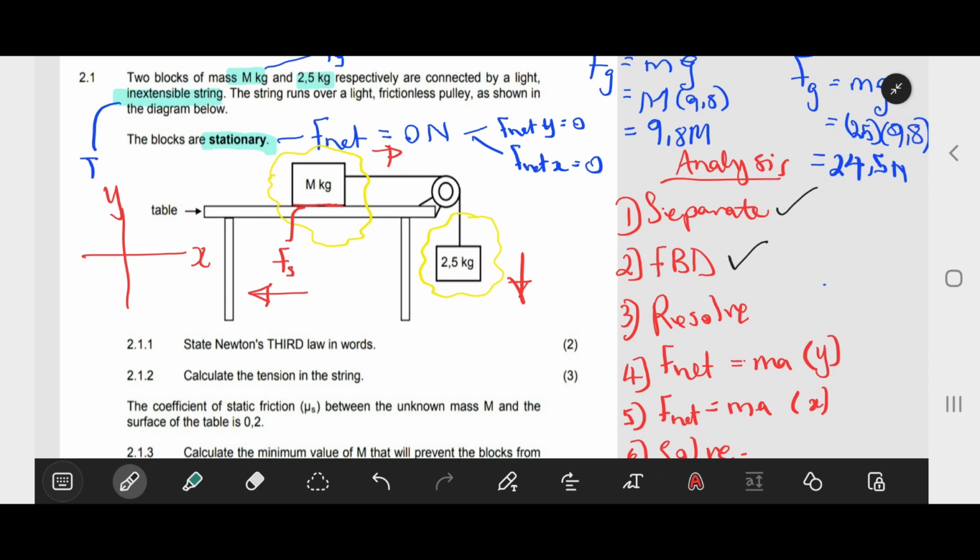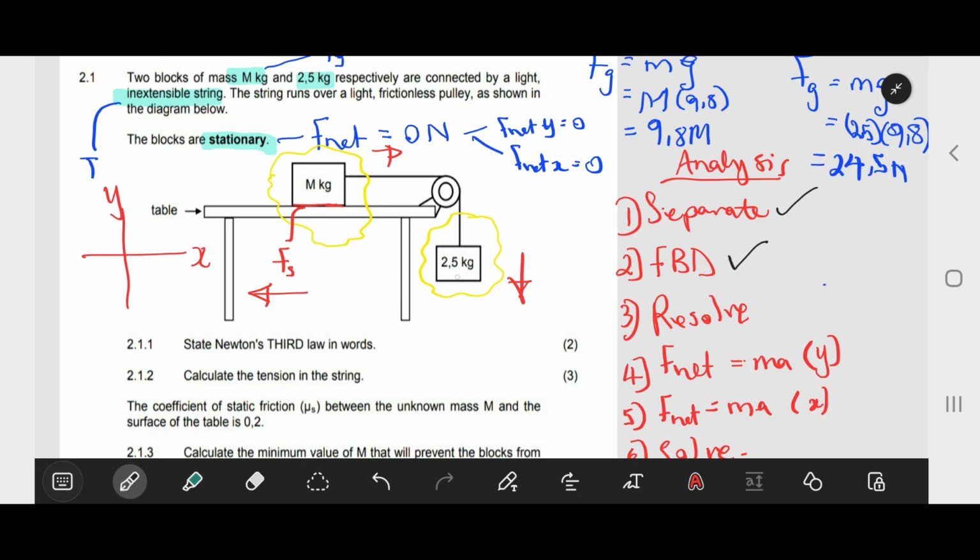So let us draw the free body diagram for the second object, which is the 2.5 kg. Looking at the 2.5 kg, we have gravitational force acting downwards. And we also have the rope pulling the 2.5 kg upwards, which means we have tension acting upwards. There is no surface on this object, so there is no normal force acting on it.